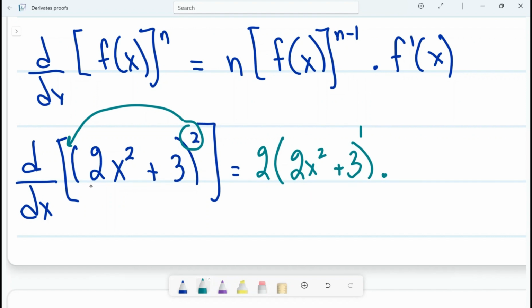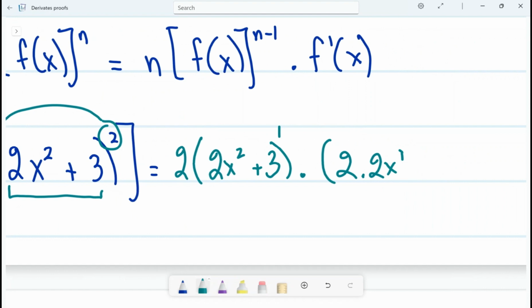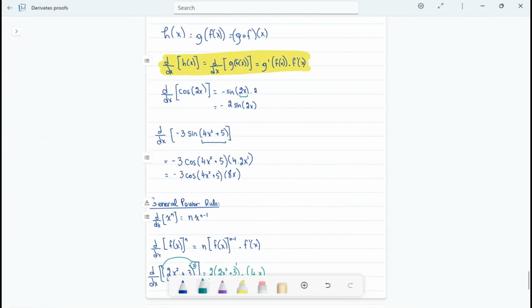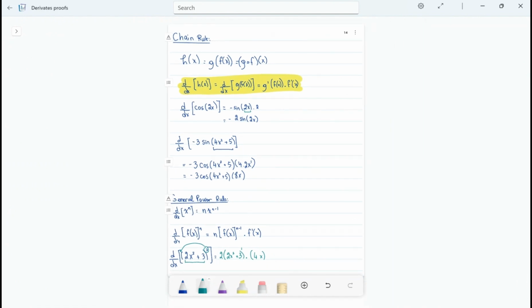And then I multiply it by the derivative of what's inside. So inside I have a constant. I leave the constant. Derivative of x squared, I drop the power, and I get x to the power of 2 minus 1, which is 1, plus the derivative of 3, which is 0. So I don't have to write this. And just to simplify, 2 times 2 is 4, so here I have 4x. And now we have learned the chain rule and the general power rule.